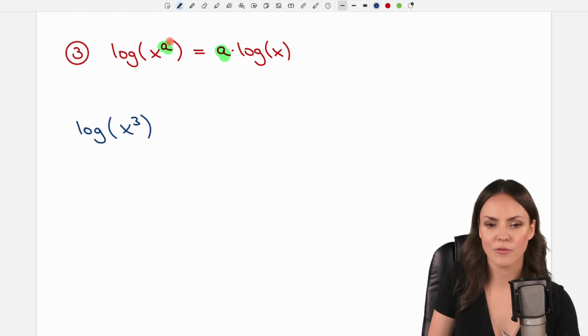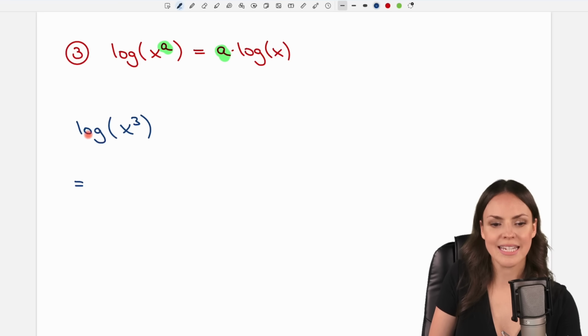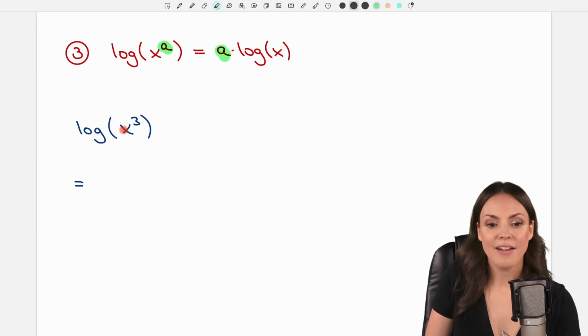So this a from inside the logarithm jumps outside of the logarithm, and only the base, so only the x, is going to be left in here, and these two are connected by a multiplication symbol. Let's apply the rule to this example here. We have a power in our logarithm.